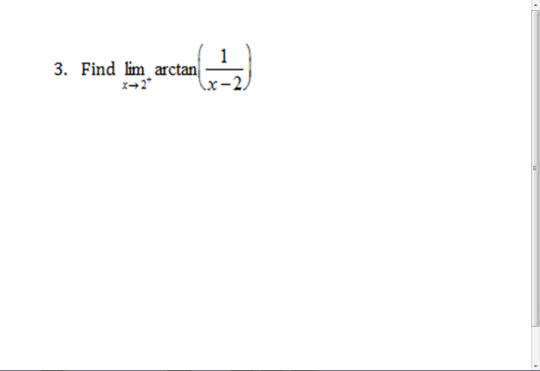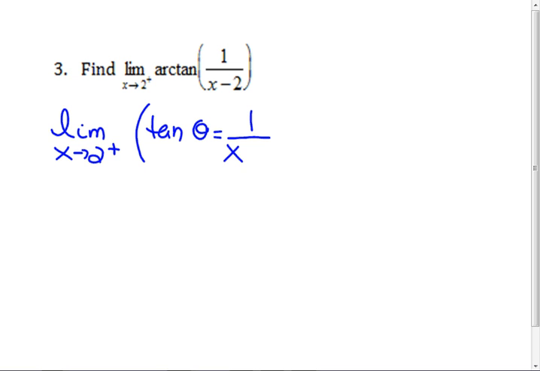Here's what I do. You can just use the graph of the inverse tangent if you'd like, or you can say, I'm going to take the limit as x approaches 2 from the right, and then I'm going to write it this way. The tangent of my angle is equal to 1 over x minus 2. Now I'm coming in from the right.